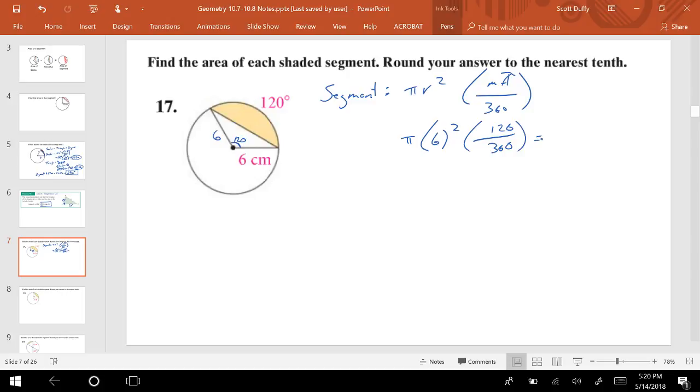Leave that in terms of pi. Don't multiply by pi and you get 12 pi.